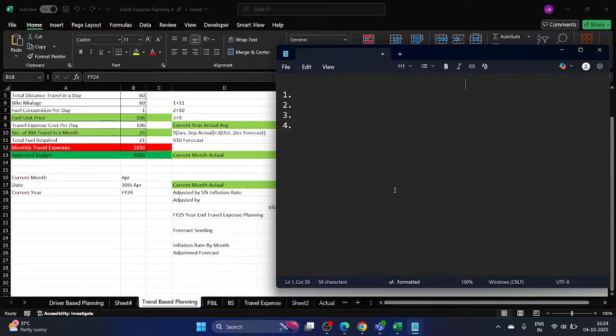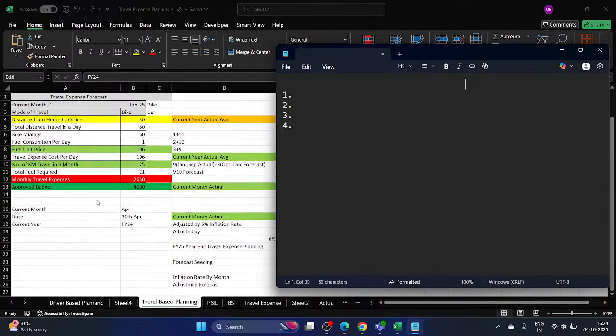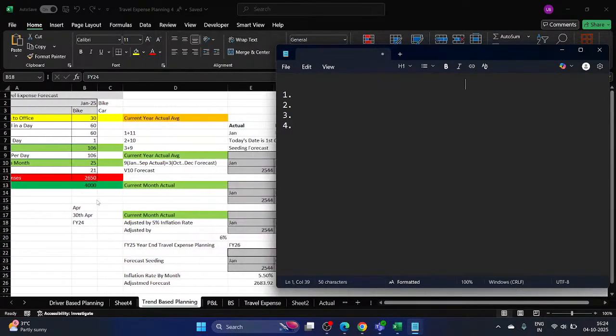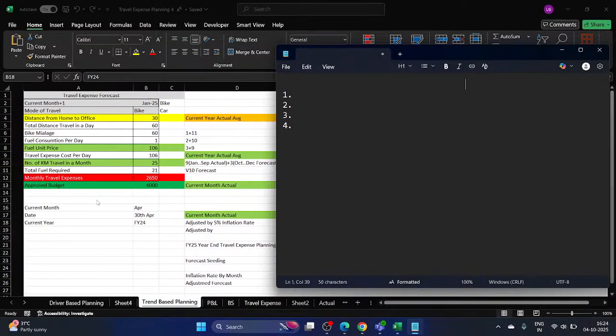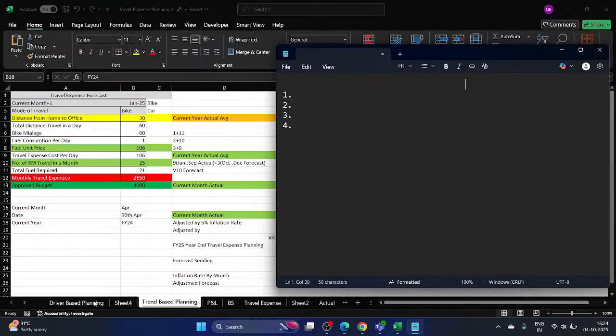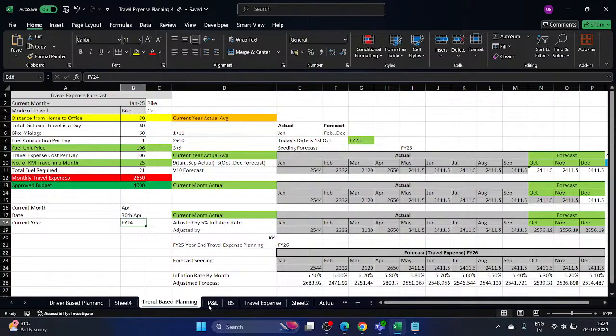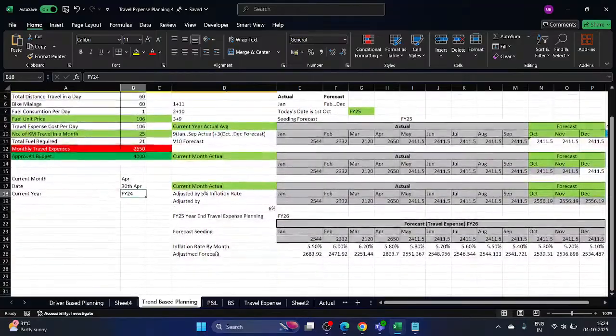Now we will write under trend based planning what things we have covered.